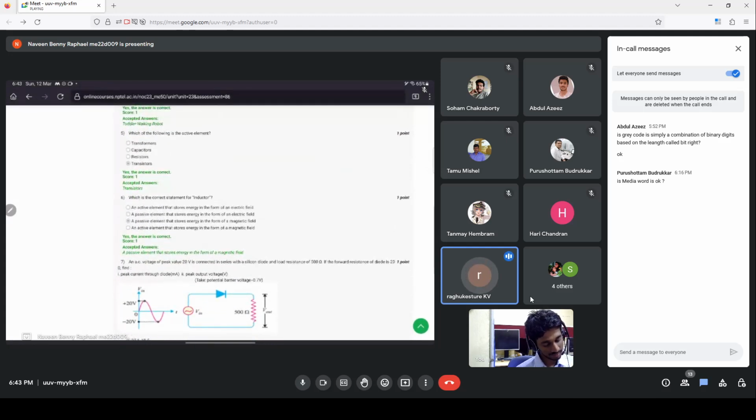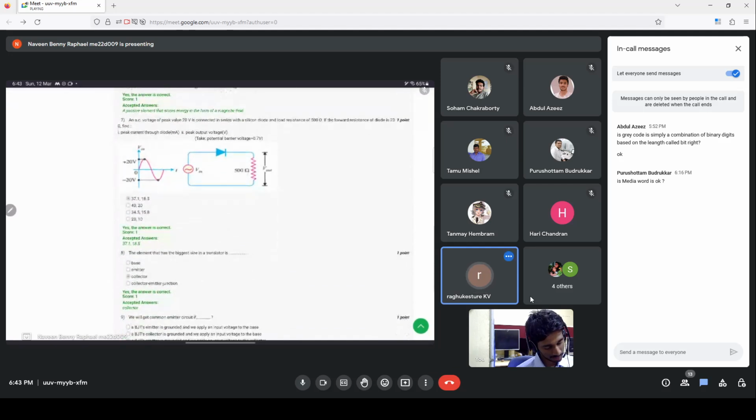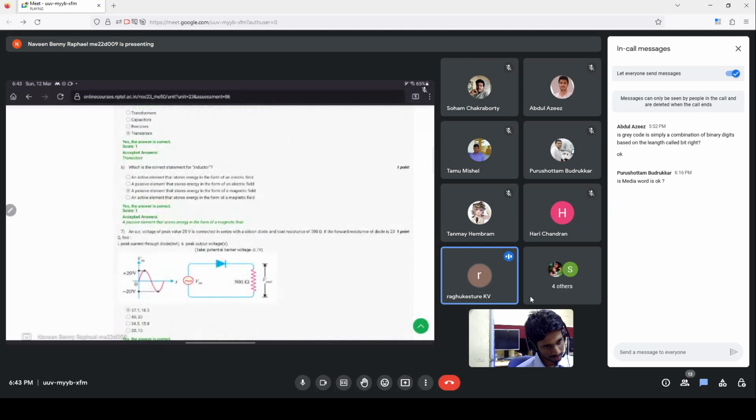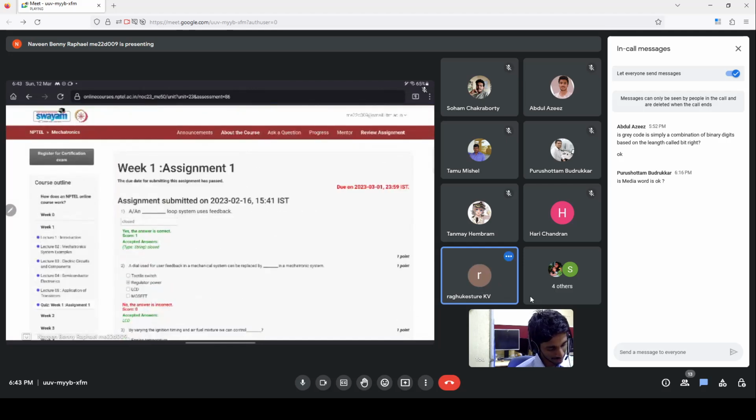Perfect. Yeah, this is where, because in a discussion someone asked a question about the first question on the same week assignment one. They wrote the first question answer is closed loop. Even I wrote closed loop, but the score is zero.